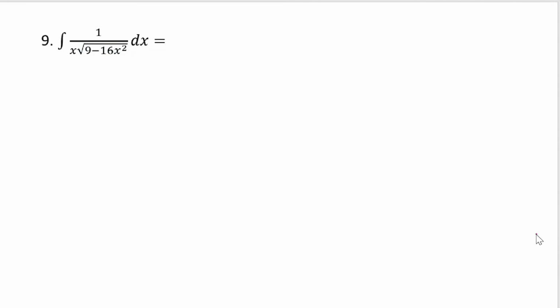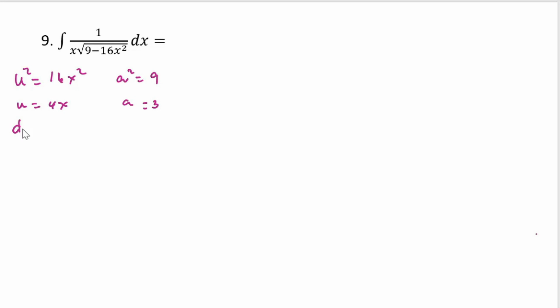For number 9, we have the integral of 1 over x times the square root of 9 minus 16x squared dx. Our u squared is equal to 16x squared, and a squared is equal to 9, so u is equal to 4x, and a is the square root of 9, which is 3.